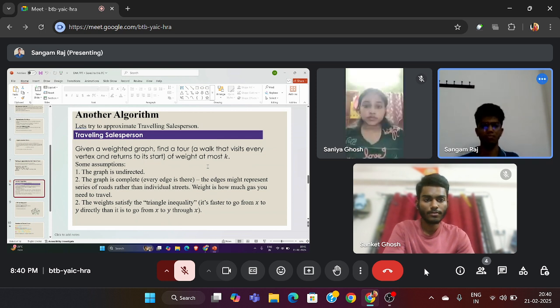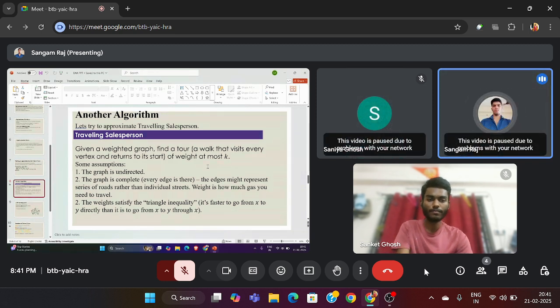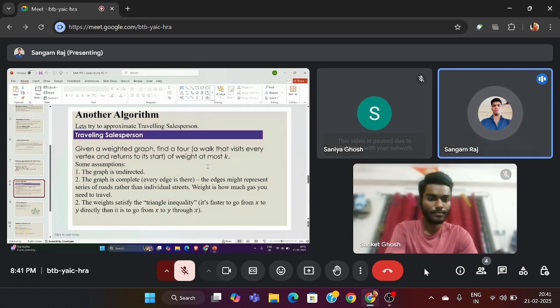And the approximation algorithm for TSP: TSP is NP hard, so exact solutions are infeasible for large instances. However, good approximation algorithms exist depending on whether the distances satisfy the triangle inequality. The first one is metric TSP, where the triangle inequality holds.